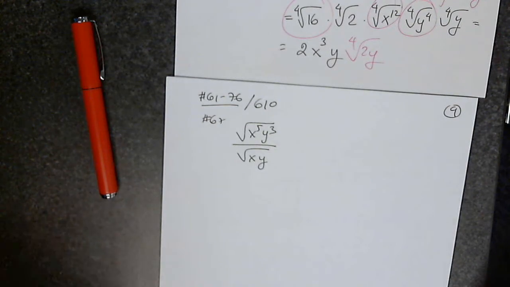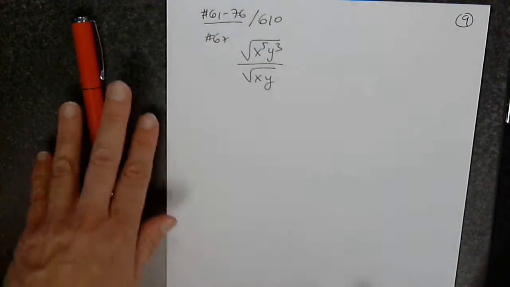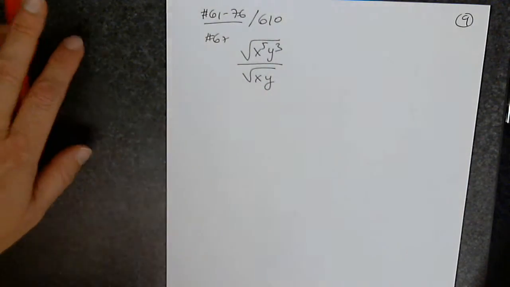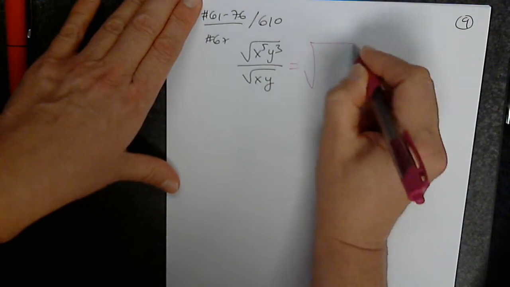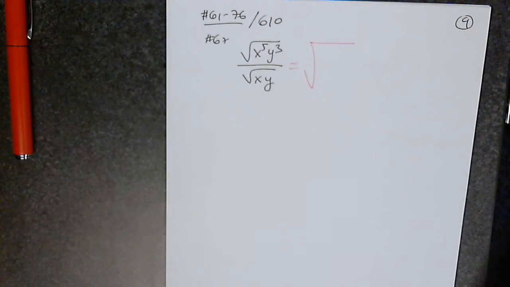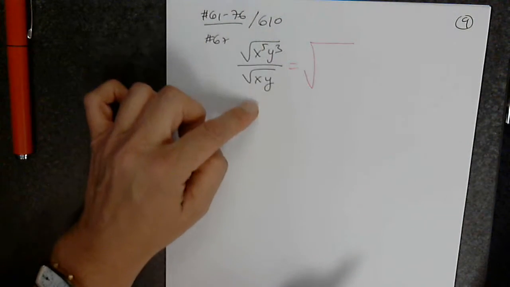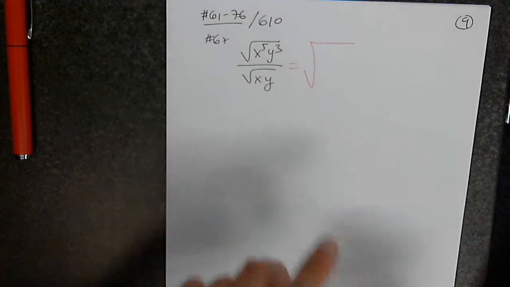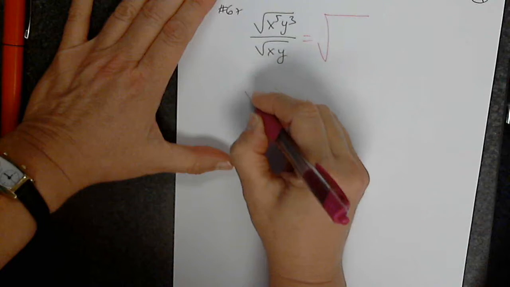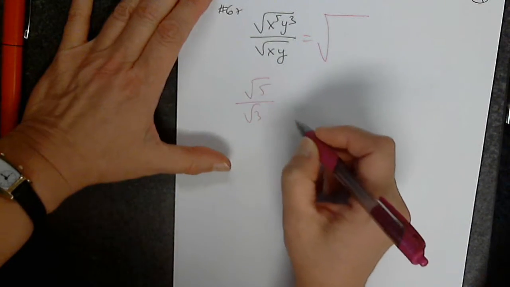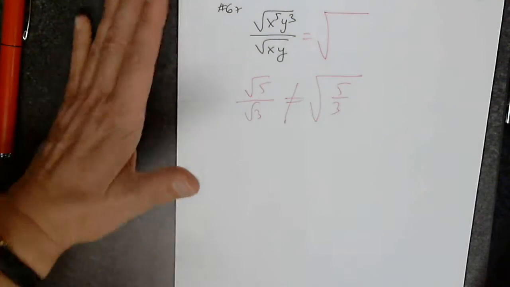Allow me your attention before we start working on this problem. I would like to show you, by comparison, two different situations. This is one situation in which I want to rewrite the whole thing with one radical. Why? Because I see common factors. I see x top and bottom and y top and bottom, and something will go away. However, if I have the square root of 5 over the square root of 3, there is no point in writing 5/3 under the square root.